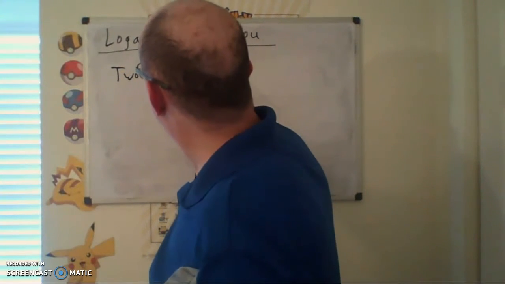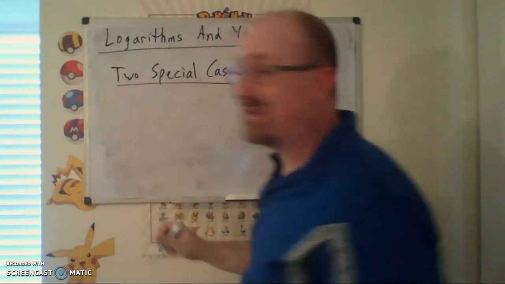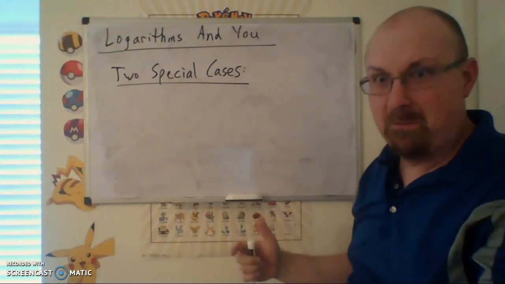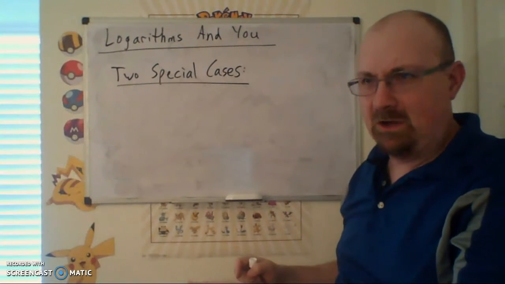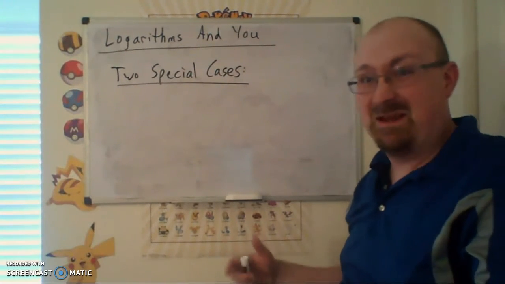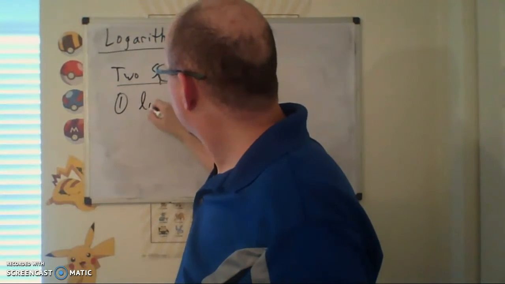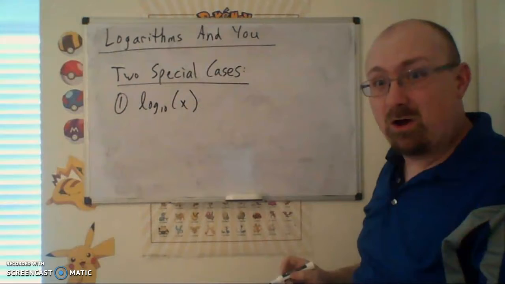I did want to take a look real quickly at a couple of special cases of logarithms that we deal with, because technically there's an infinite number of them. Any positive number not equal to one has its own logarithm. You have base 2 logs, base 5 logs, what have you. We already saw one of the two I wanted to talk about, the base 10 logarithm.